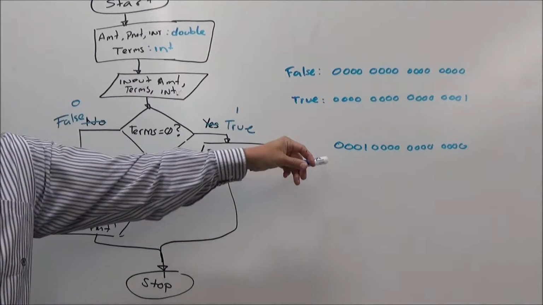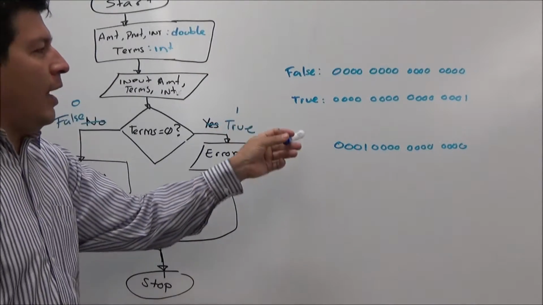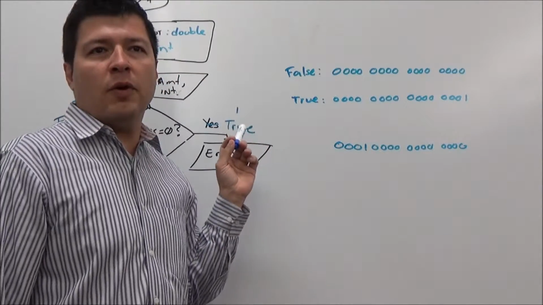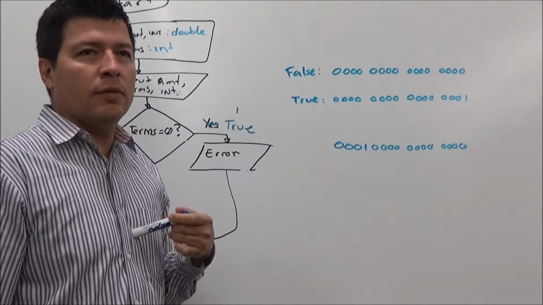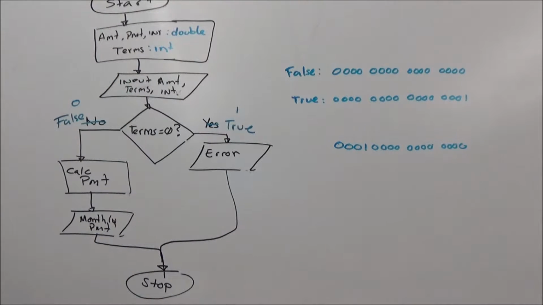Then it's true. So anything that has a 1 is true according to the computer, because it's not false. The computer is not going to say what it is. It just says it's not false. Then it goes as a true.